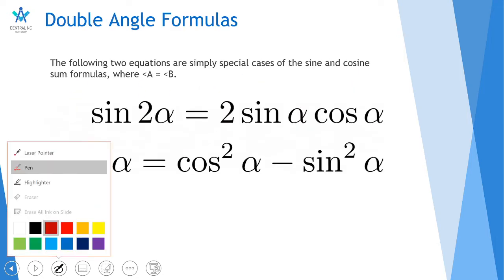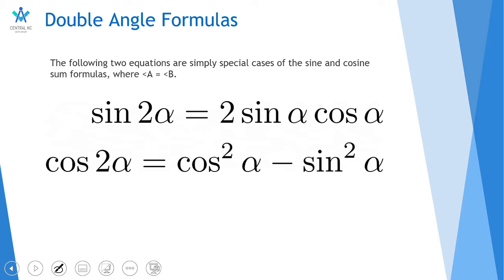So next are the double angle formulas. The double angle formula is simply where alpha and beta are the same thing. So we can think about this as sine of alpha plus alpha, and similarly, cosine of alpha plus alpha. And then we just plugged it in, that's how we got it.